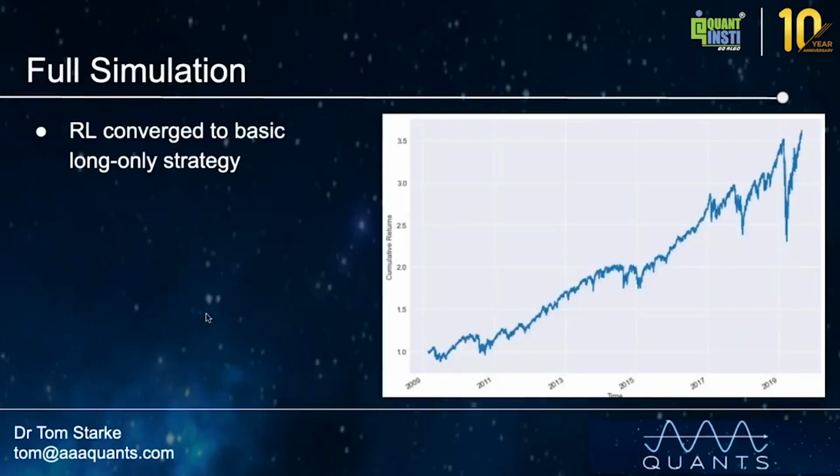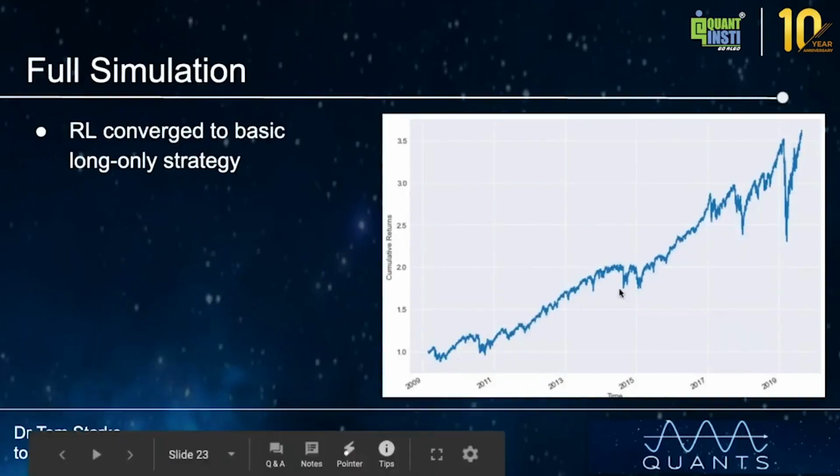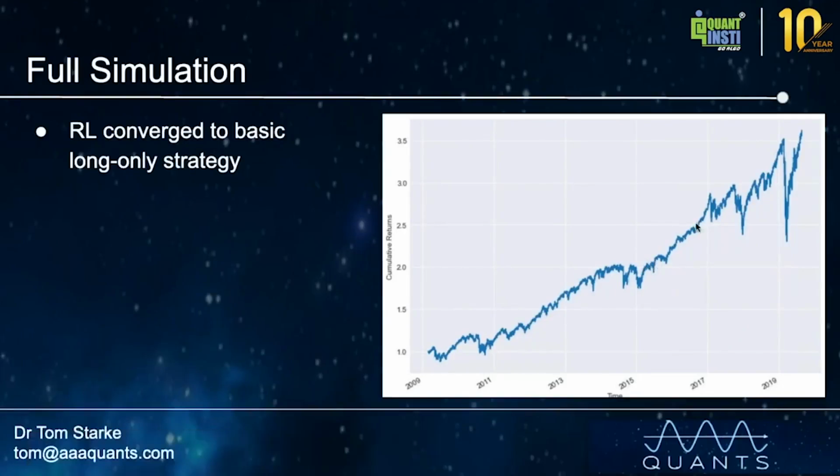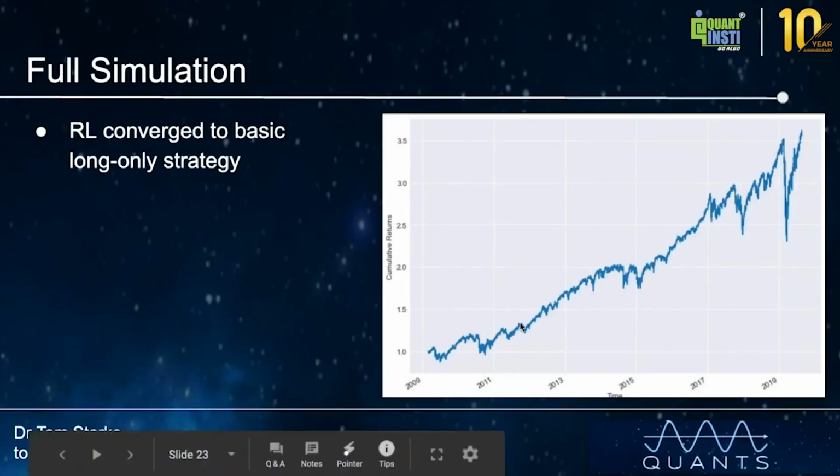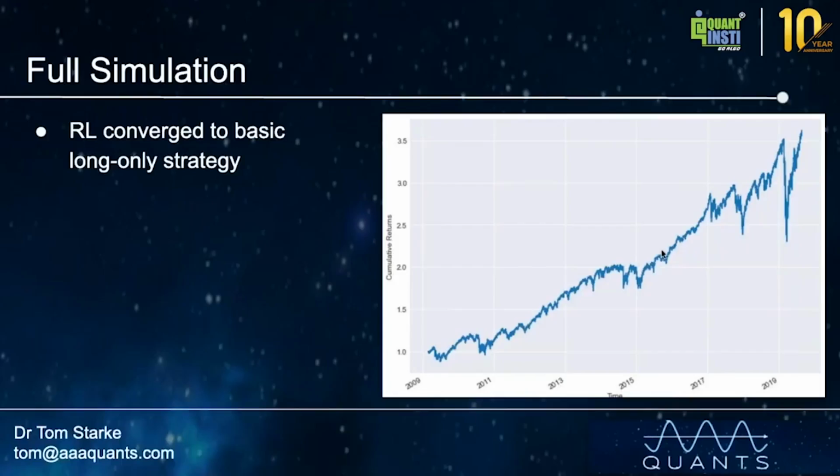Now, finally, here we see a full simulation. This is effectively our reinforcement learning with a really straightforward P&L reward function. This is the US market, the SPY.